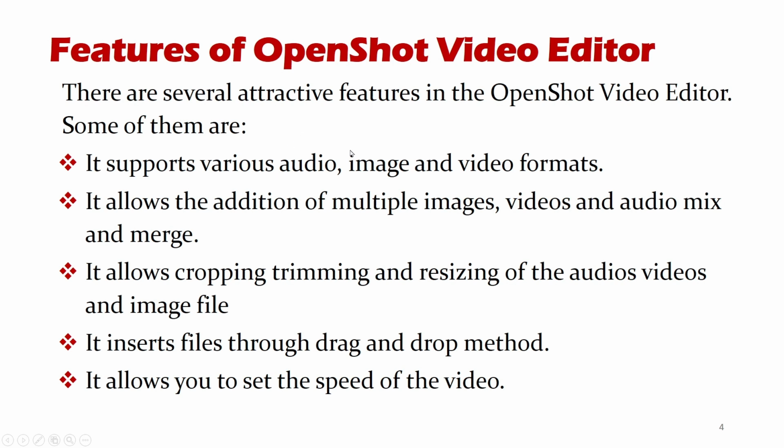You have many audio formats like MP3, AV and etc. Image files also, you might be knowing .bmp, .jpg, .jpeg, .png etc. And there are several video formats also, MP4, MPEG and etc. So it supports many audio, image and video formats.